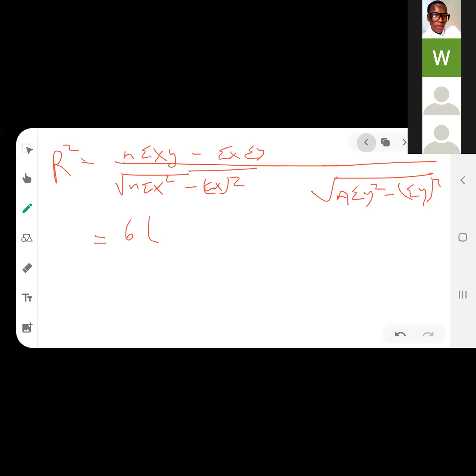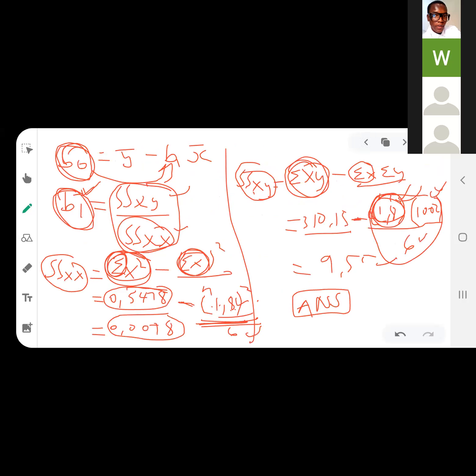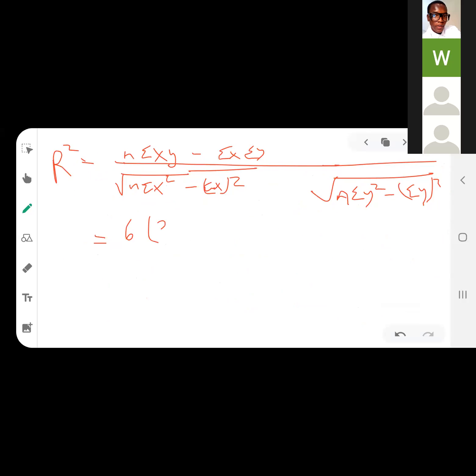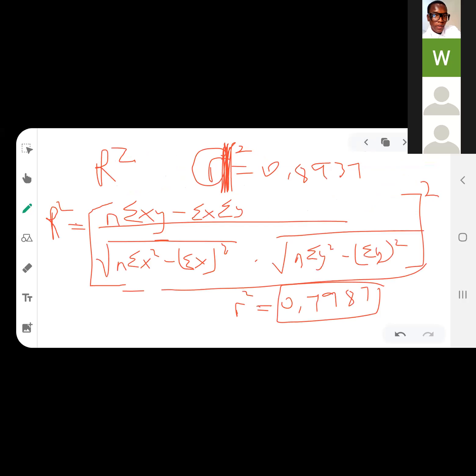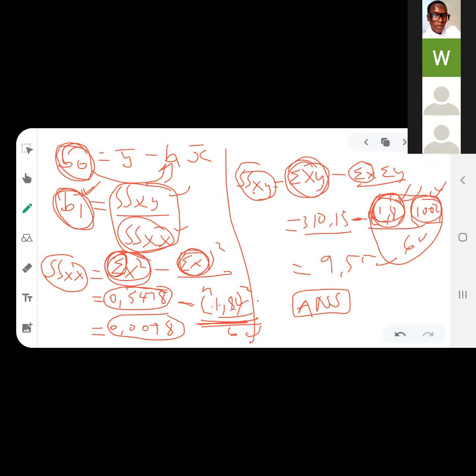We got the sum of xy before: 310.15, minus the sum of x, which we got as 1.8, multiplied by the sum of y, shift 1, 3, and then the sum of y is on option 4. We also got this earlier. It was 1002.